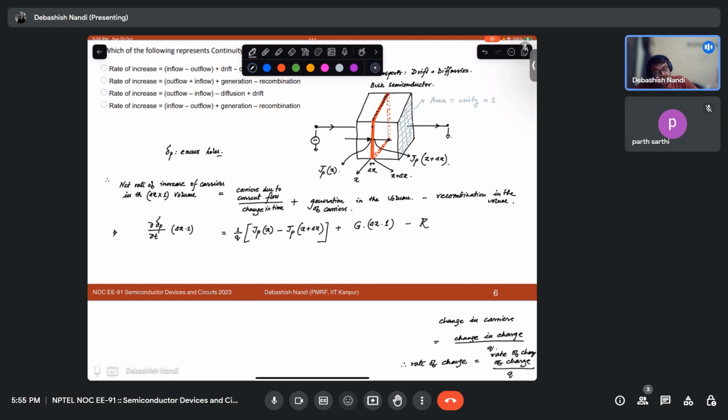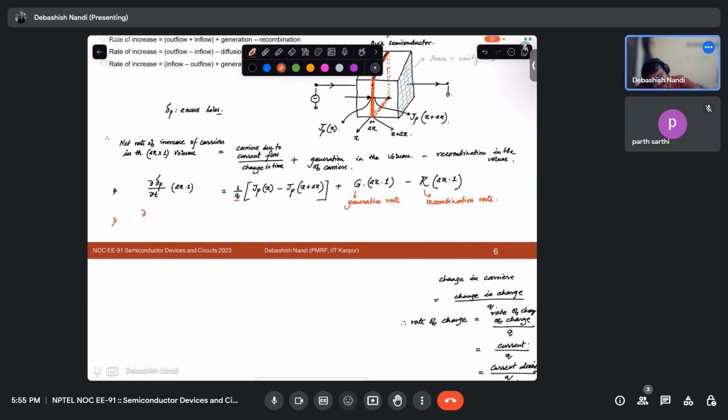And if recombination rate is R, so this is your generation rate. This is your recombination rate. Remember that the equivalence of right hand side and left hand side is of carriers, not of charge. So this is taken care of by 1 over Q for the case of current.